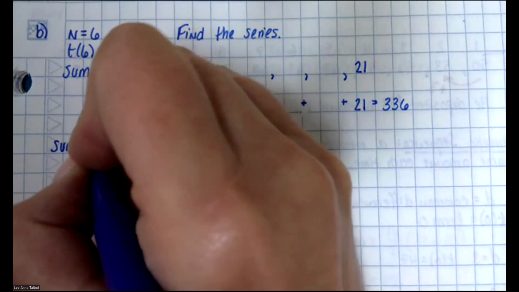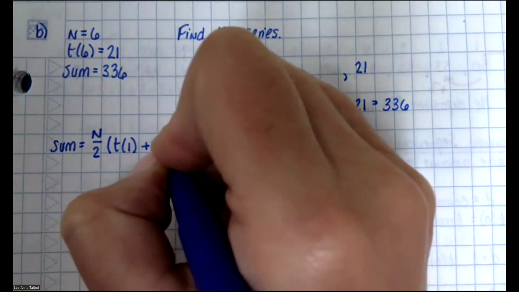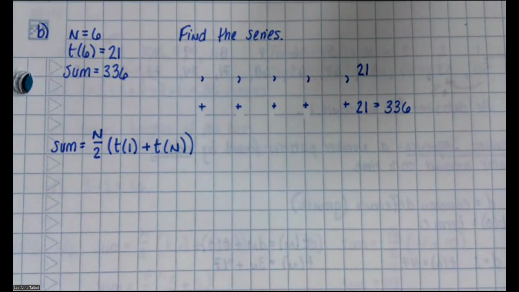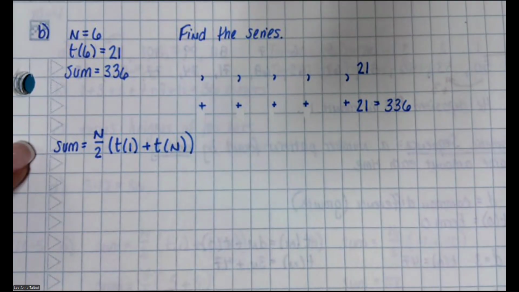Sum equals n over 2 first term plus last term. Are you guys okay? Do I need to change something or do something differently? Okay. What is the sum?